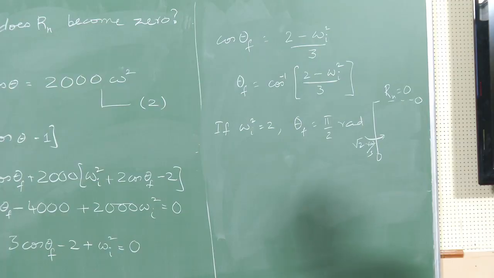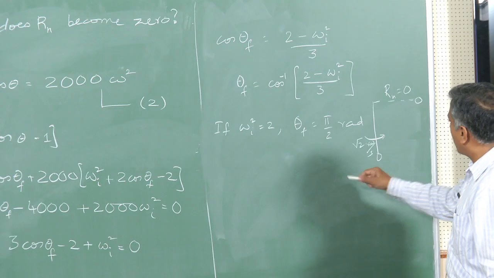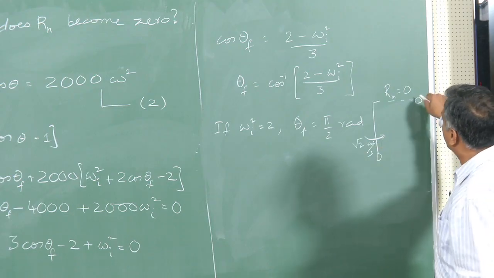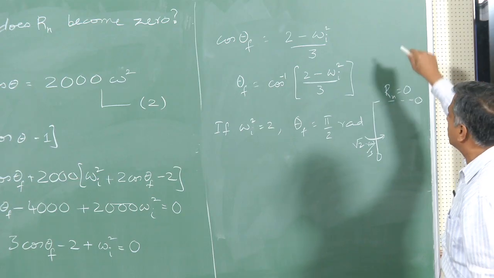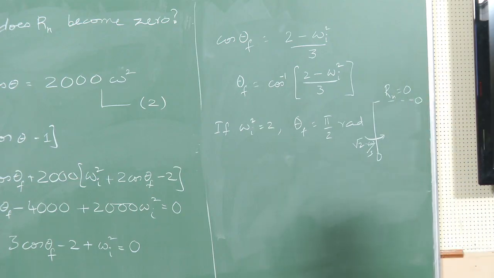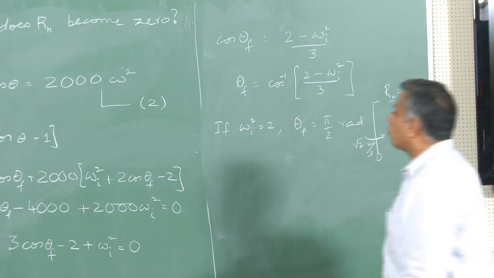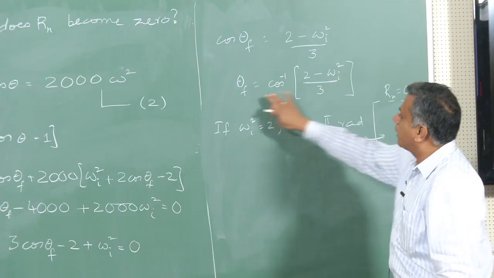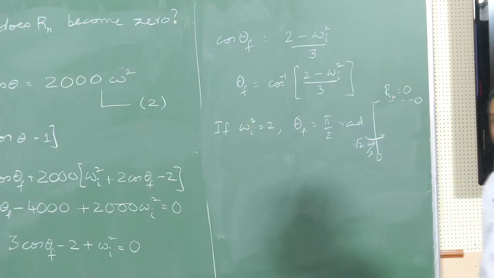So if I give it slightly greater angular velocity, it is going to go past that, but Rn would become negative. So for a given omega I, now I have a way of finding the theta f at which Rn becomes 0.